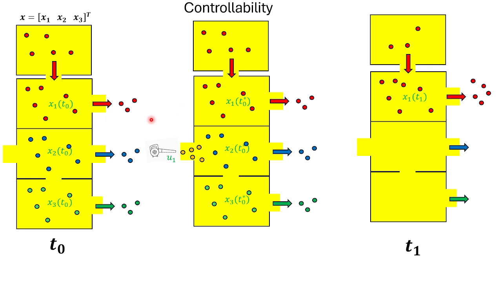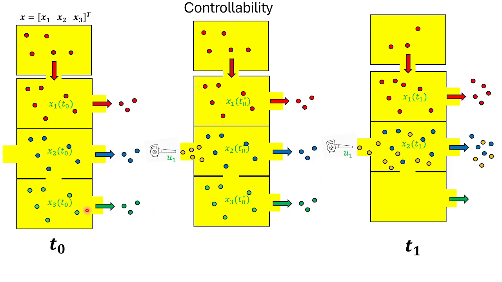So even though x1 is not controllable at all, x2 is controllable, because we can reach that using the control input U. So we can see that we have some air particles coming out of this input blower, and we can adjust the input in a way that a certain density within this compartment is reached. So we can actually achieve our desired state within this compartment.